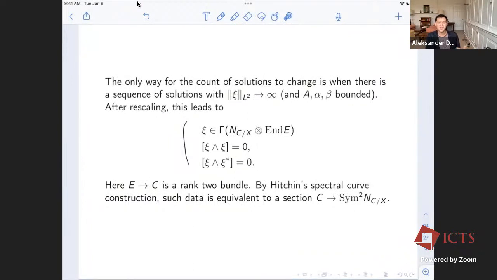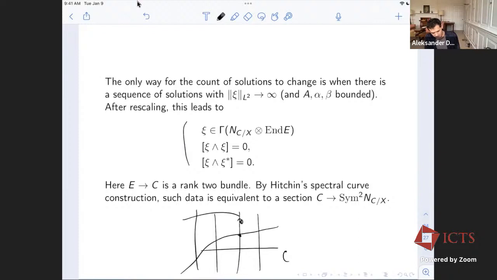And what I can do, I can look at their eigenvalues, which at each point are 2 eigenvalues, which are now elements of the normal bundle. So I have my curve, I have my normal bundle, and the eigenvalues give me 2 points at every point of the curve. So in the end, I get something like a 2-valued section of the normal bundle.